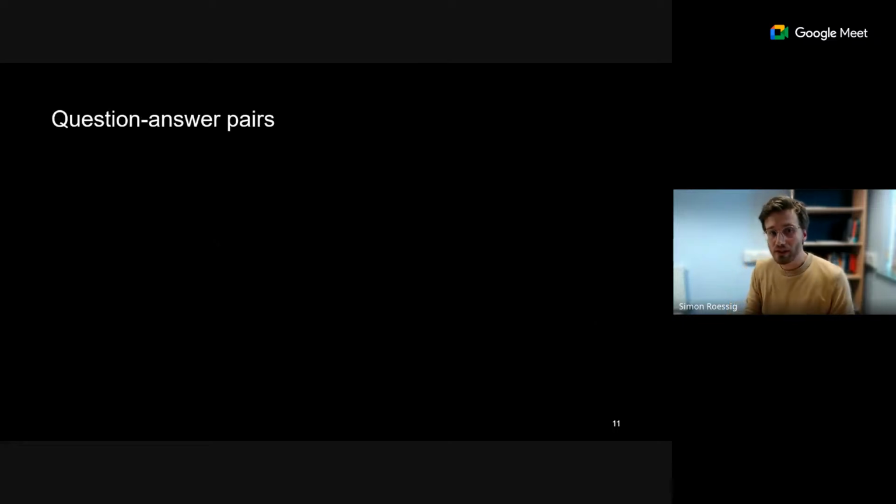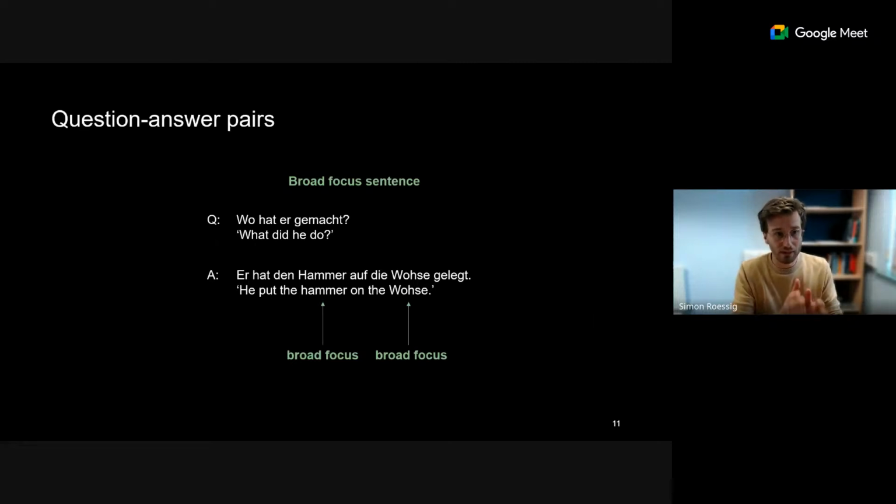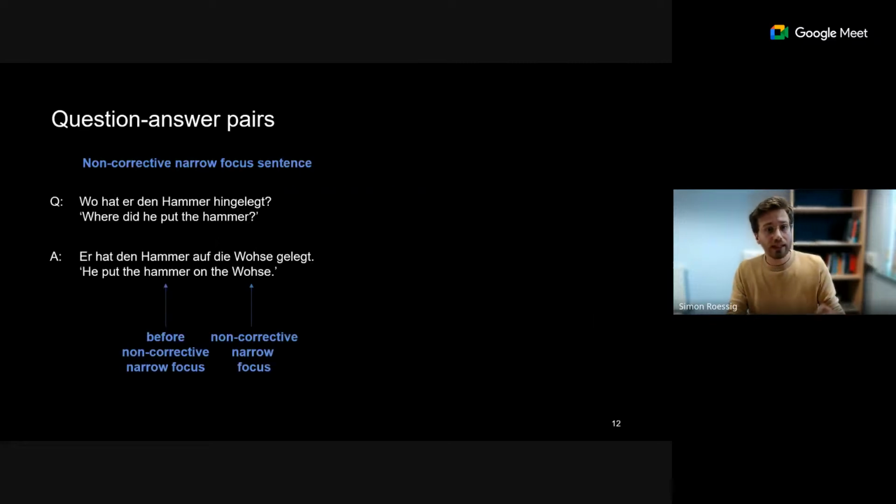Now, each focus condition is elicited with a different question, as shown in the next examples. For broad focus, this pair was used. The question was, was hat gemacht? What did he do? Hat den Hammer auf die Vose gelegt. He put the hammer on the Vose. The non-corrective narrow focus sentence was triggered by, wo hat den Hammer hingelegt?